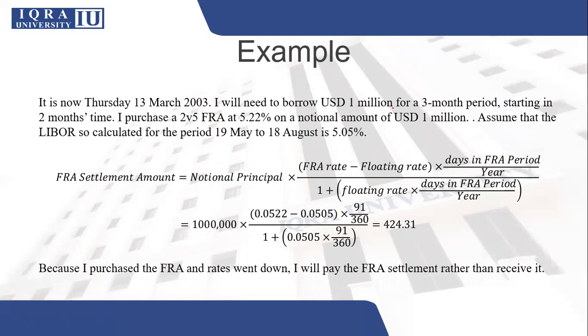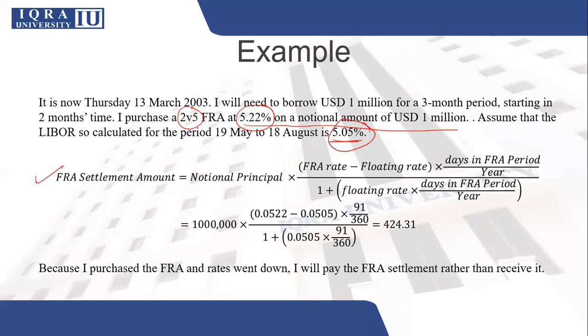I will need to borrow USD 1 million for a 3-month period starting in 2 months, right? So again, it's a 2v5 because he wants it after 2 months for the next 3 months. I purchase at 5.2 on a notional amount. Assume that the LIBOR calculated for the period is 5.05. So this is the floating rate and this is the fixed rate.